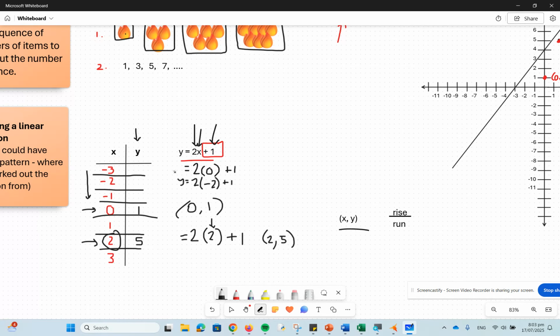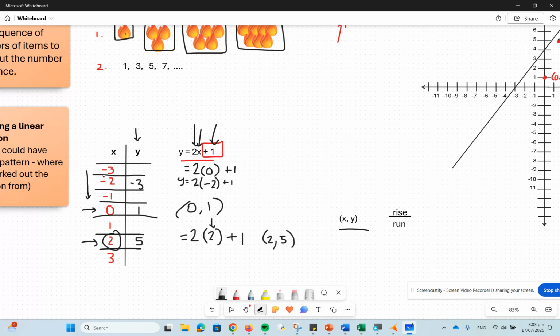We're trying to find out what the y value is if I put 2 times negative 2 plus 1. What does y equal? That's why I put it in this table. So 2 times negative 2 is negative 4, plus 1 is negative 3. So there it is, negative 3.